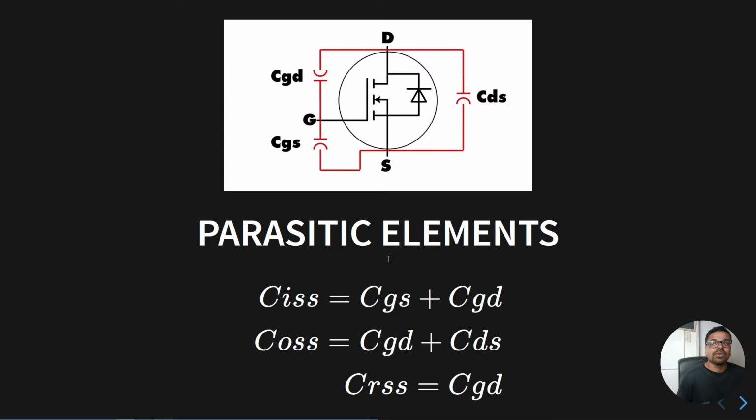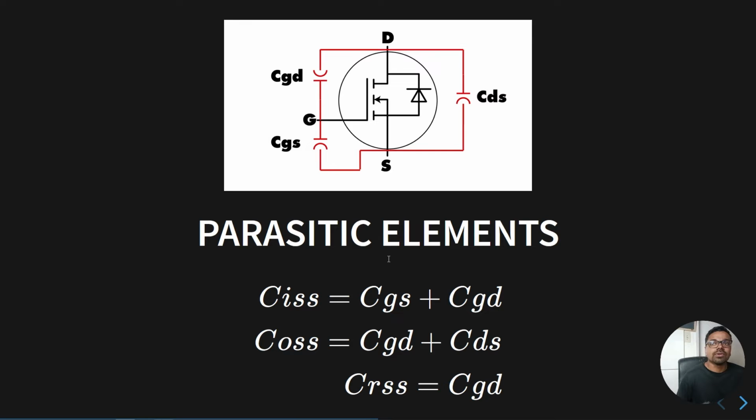One of them is the input capacitance, which is the gate to source capacitance plus the gate to drain capacitance. So the total capacitance at the gate, between the gate and drain and gate and source, is the input capacitance. The output capacitance is between the drain and source.